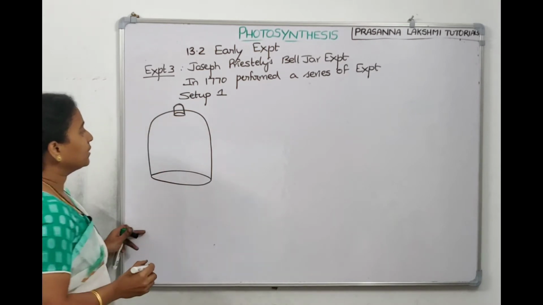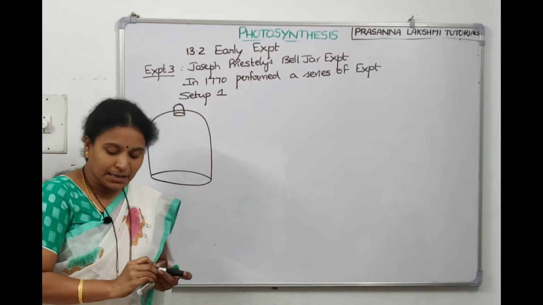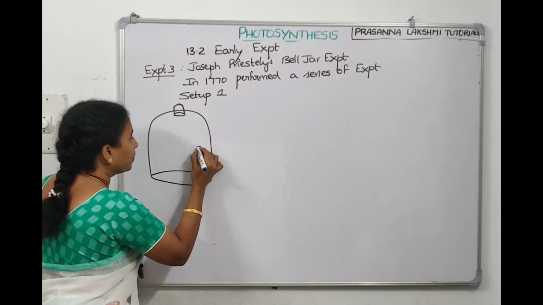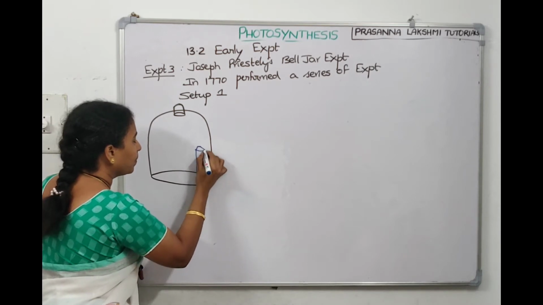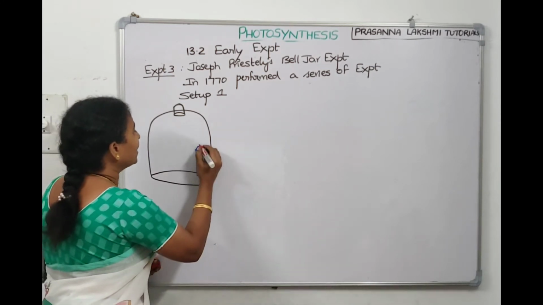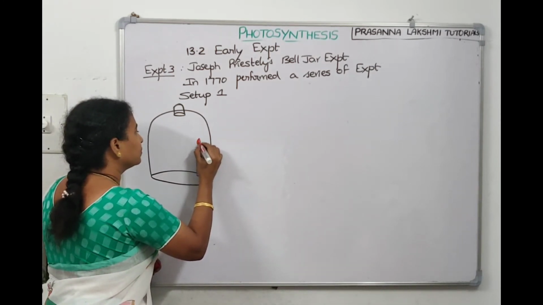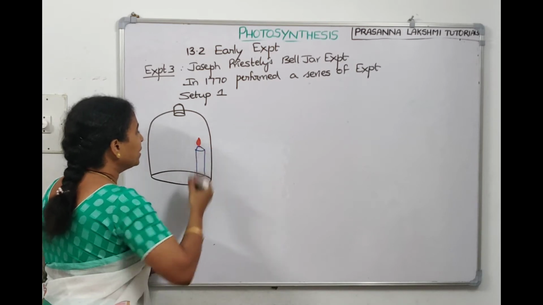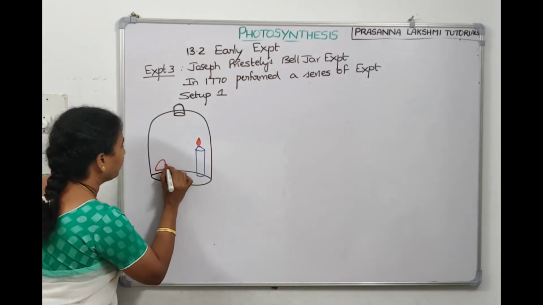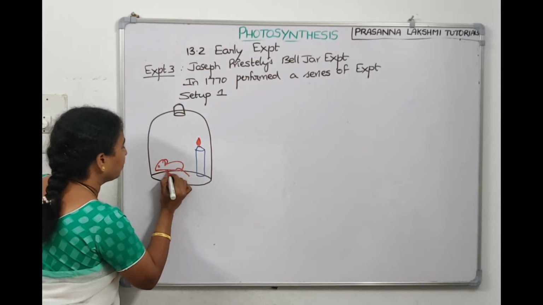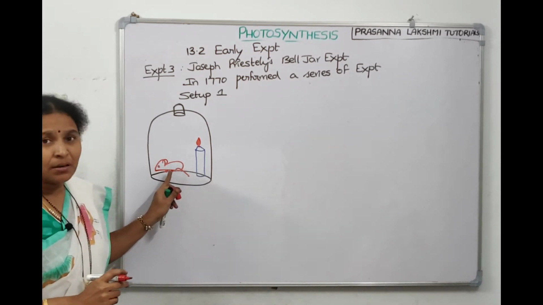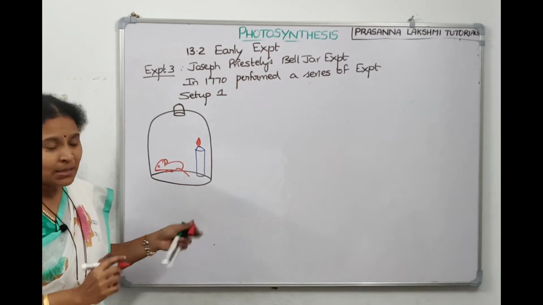In this bell jar, he has taken a candle and lighted the candle. The setup shows that there is a mice also. So he kept a mice and a burning candle in setup 1.